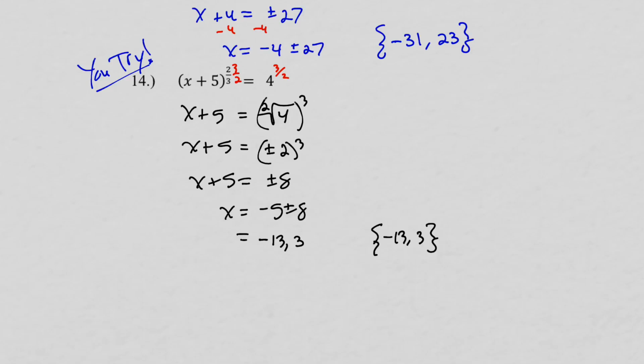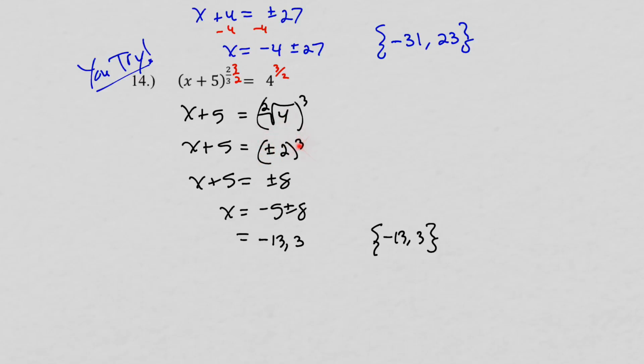All right, so we're back. Here's the solution, -13 and 3. And this is how I got it. So just follow the same procedures. The first step is pretty much the new one. Do the calculation where there's an even power. So we have both positive and negative answers to the even root, 4.